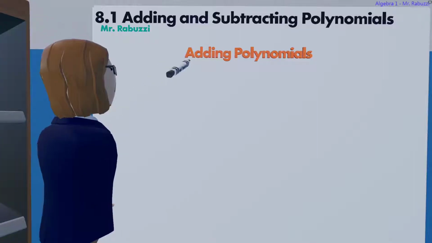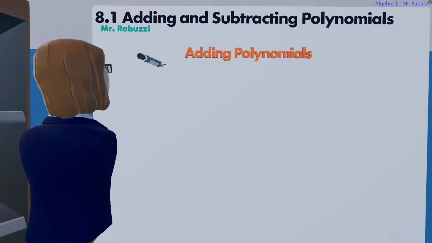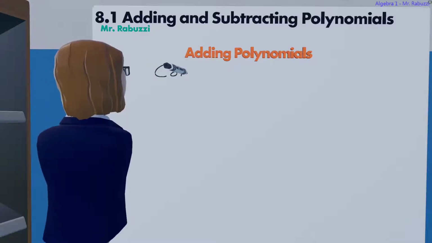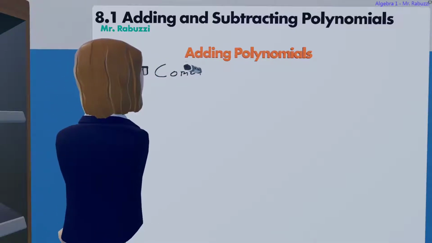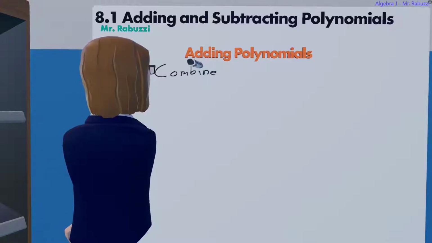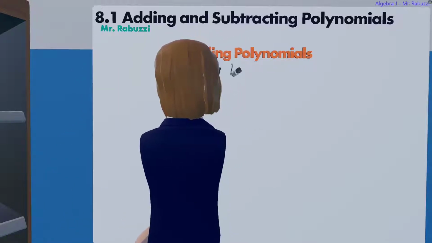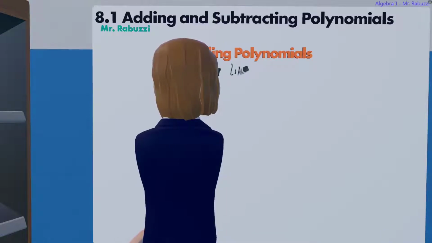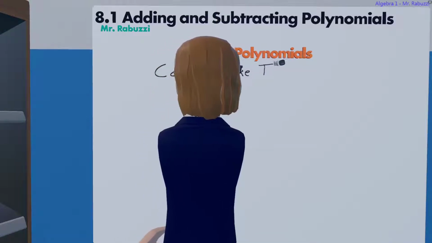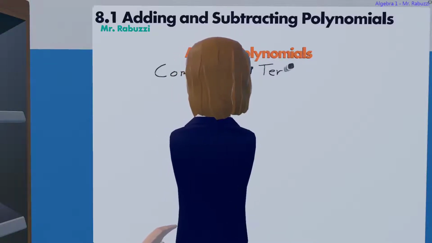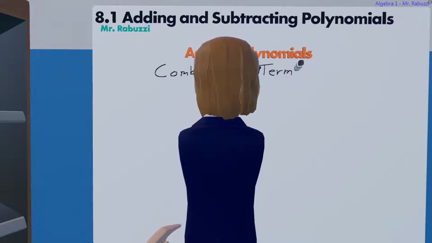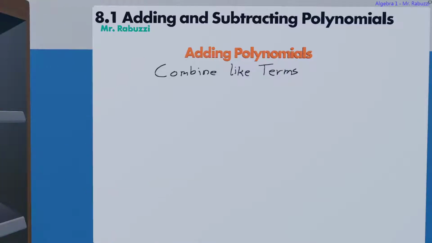The secret to adding and subtracting is that we need to combine like terms. So they have to have the same variable with the same exponent, then they can be combined.